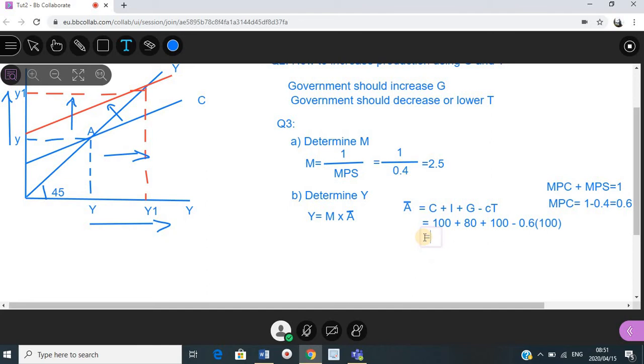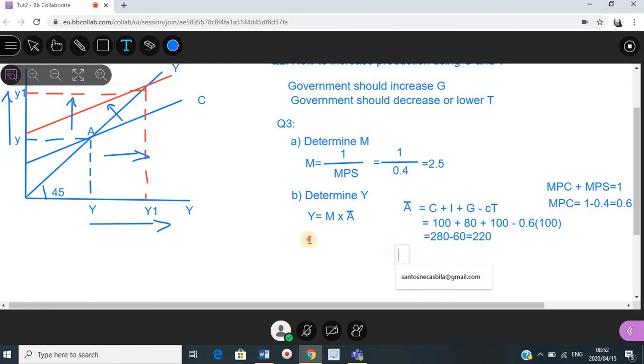So this is going to be equal to 280, and 0.6 times 100 should be equal to 60. So that means we'll have 280 minus 60. This should be equal to 220. Very good. So now we have our autonomous spending.